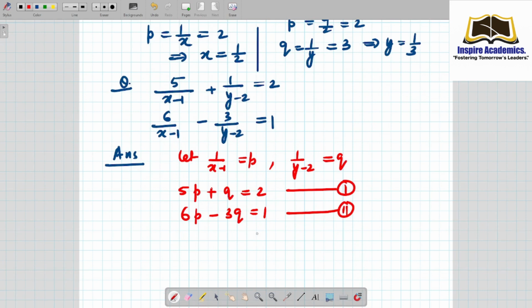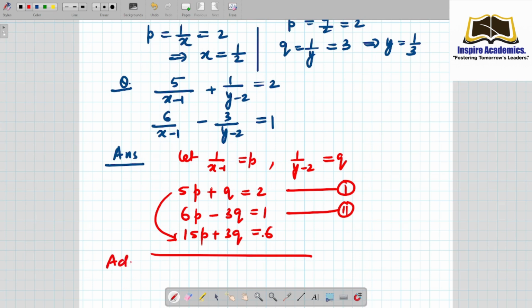So let us now solve it. We can multiply equation 1 by 3, so we will get 15p plus 3q equal to 6. And now let's add both these equations. So this can be cancelled.